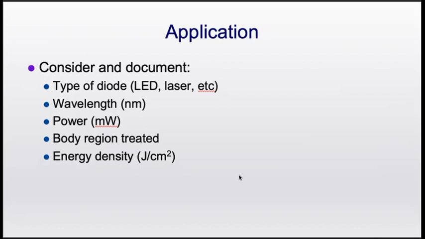Because, for example, one of the laser probes that we use only has a very small area, maybe about an inch in circumference. And so if you're doing an area like, say, the knee with laser, I might put 4 points over the knee joint, 2 medial, 2 lateral, and 1 inferior to the patellar tendon, just so that I know exactly where I put the application wand in that treatment session.